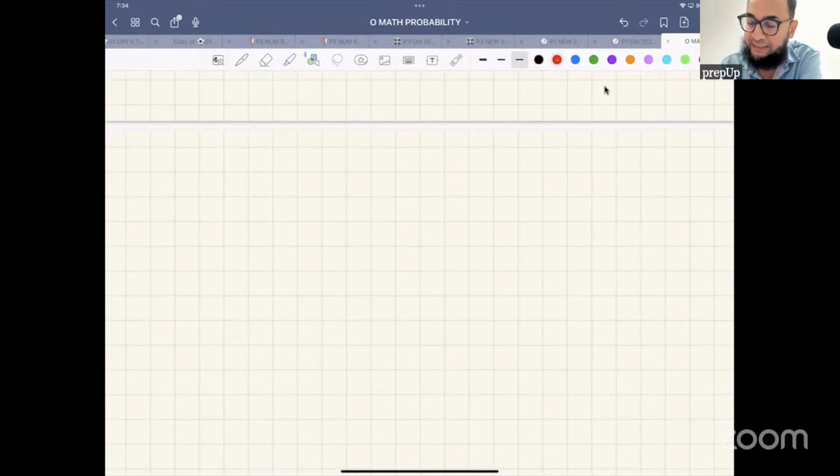So let me draw a dice first. Let me just draw a square thing. Let me draw a bigger one. Okay, so now this is one thing. This is 3 by 4. That's not good.